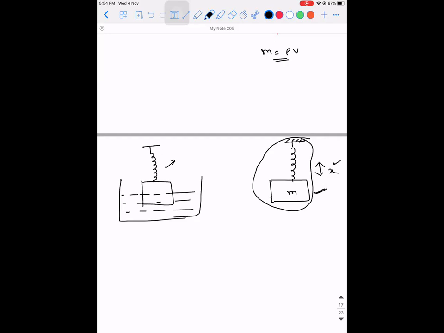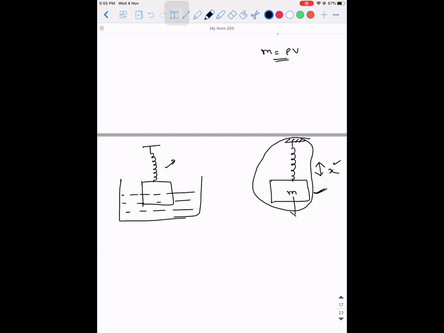Less. Might be less. Is it going to be less than x or greater than x? Less than x, because of the buoyant force. Okay, that's right.